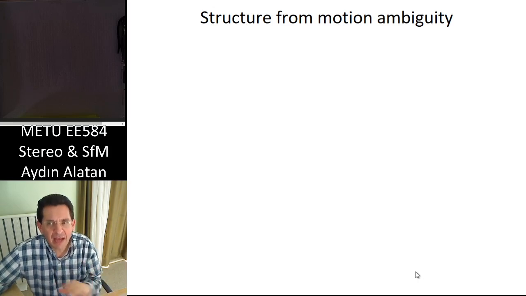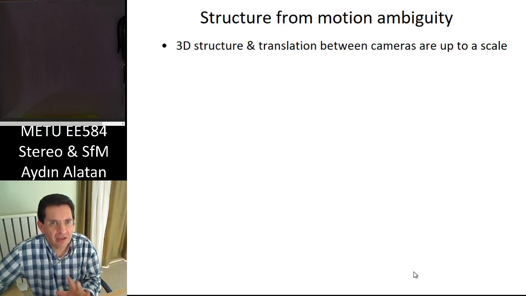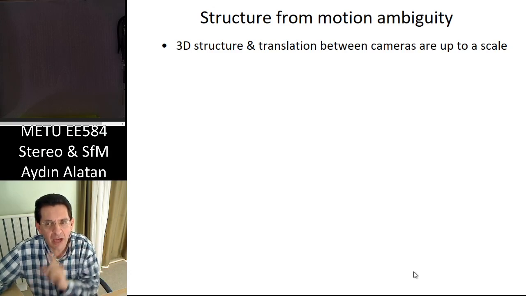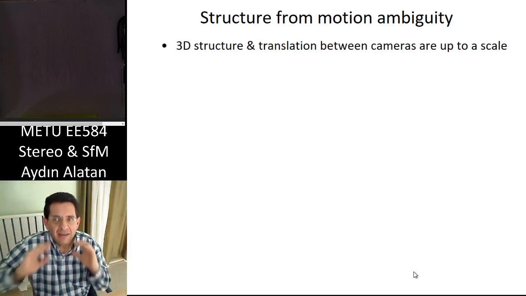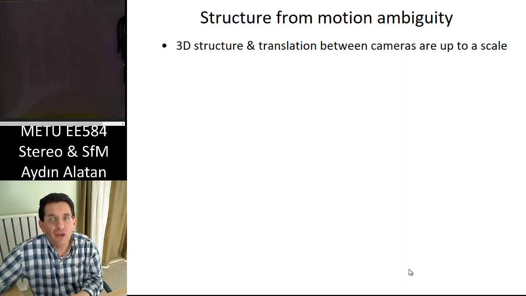From the E matrix, I can decompose R and T. Let's assume I have all these things. But still, we have a problem. The 3D structure, the XYZ points, and the translation component between the two cameras, the baseline between the two cameras, are obtained up to an unknown scale.